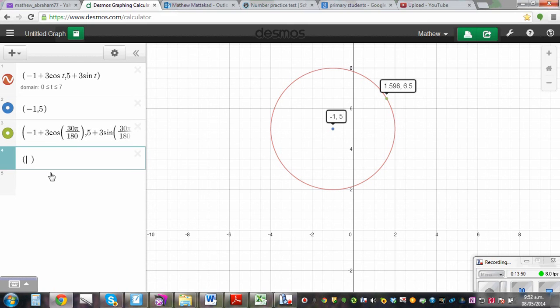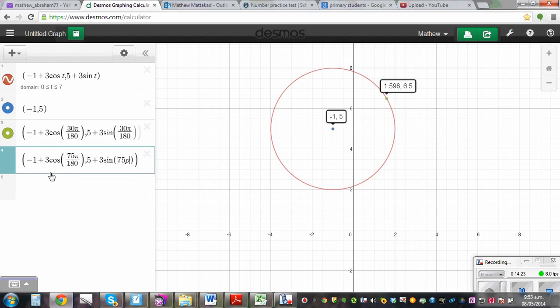So same way, bracket -1 plus 3 cos, bracket 75 pi slash 180, and then you use your arrow key and put a comma, 5 plus 3 sine, bracket 75 pi slash 180.